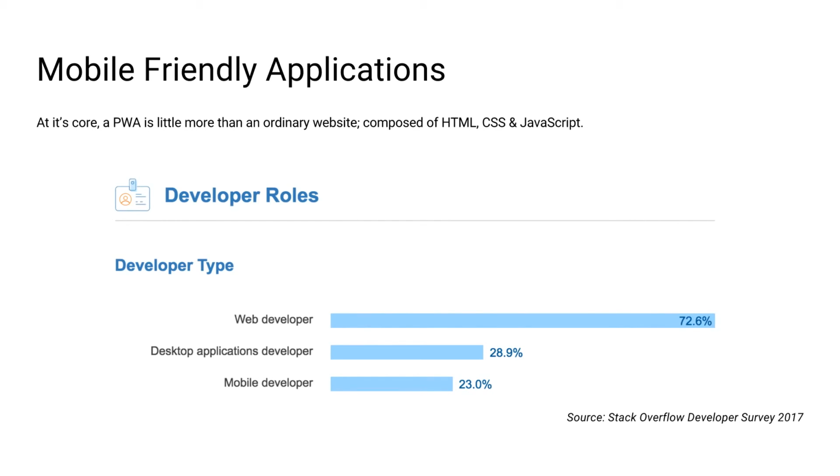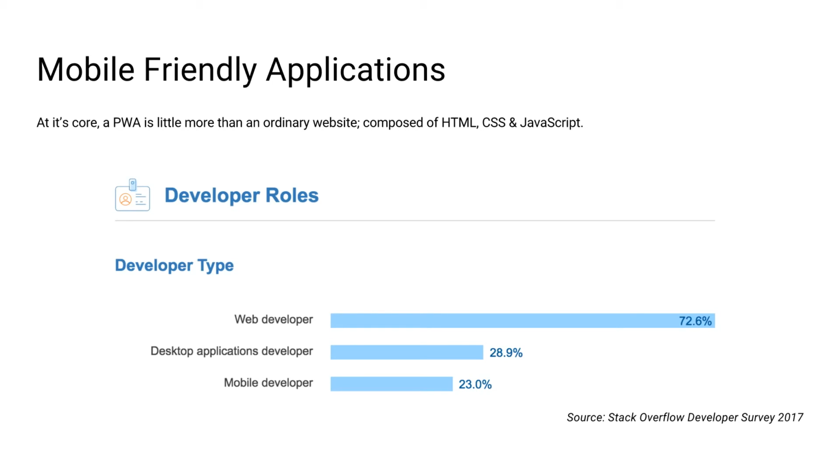But why build a PWA? One of the bigger advantages of building a progressive web app is that it uses web technologies. According to the Stack Overflow survey in 2017, 72% classify themselves as web developers compared to 23% who classify themselves as mobile developers.